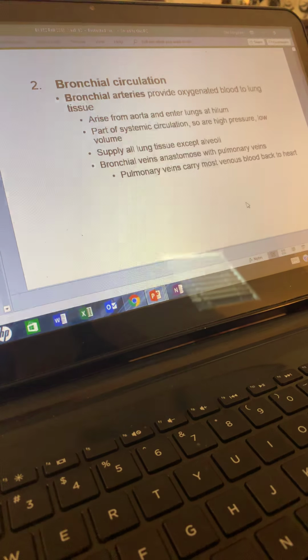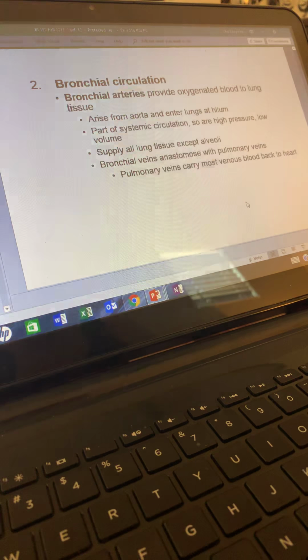Bronchial circulation. Now you have the bronchial arteries that provide oxygenated blood to the lung tissue as well, arising from the aorta and entering the lungs at the hilum. Part of the systemic circulation, this one is a high pressure, low volume system that supplies all the lung tissue except the alveoli. The bronchial veins anastomose, meaning connect, to the pulmonary veins. The pulmonary veins carry most of the blood back to the heart.